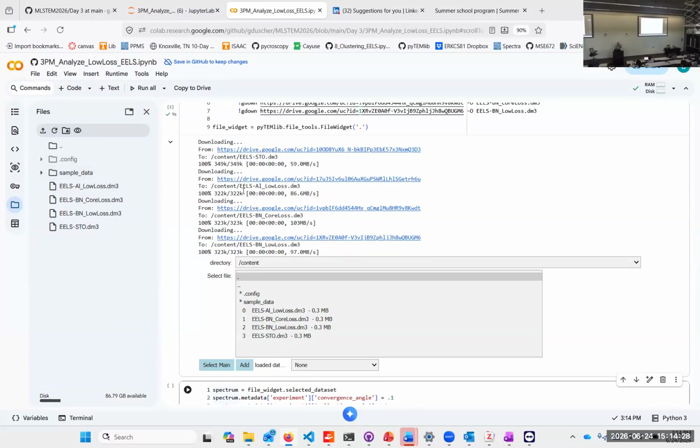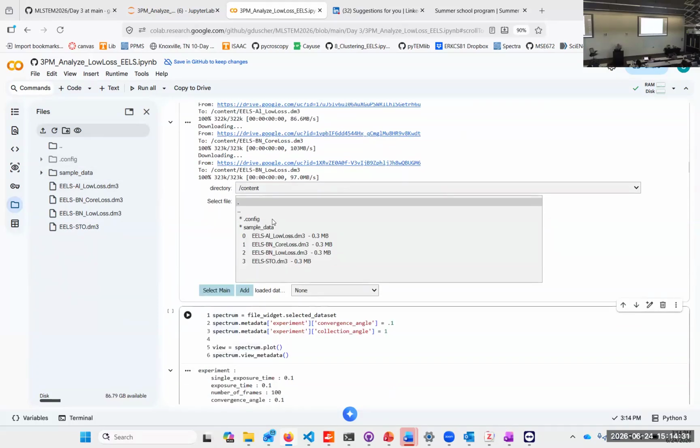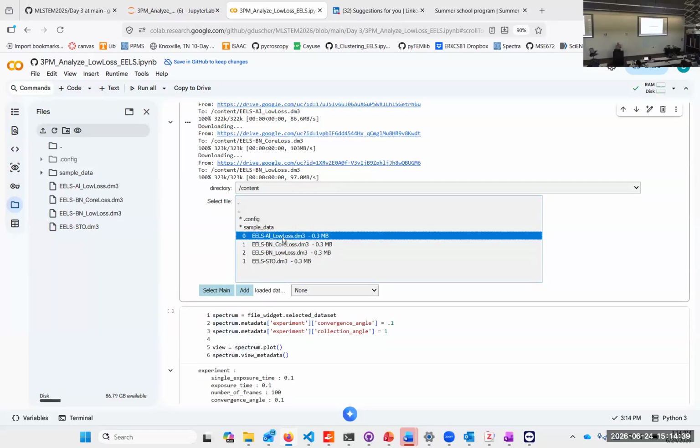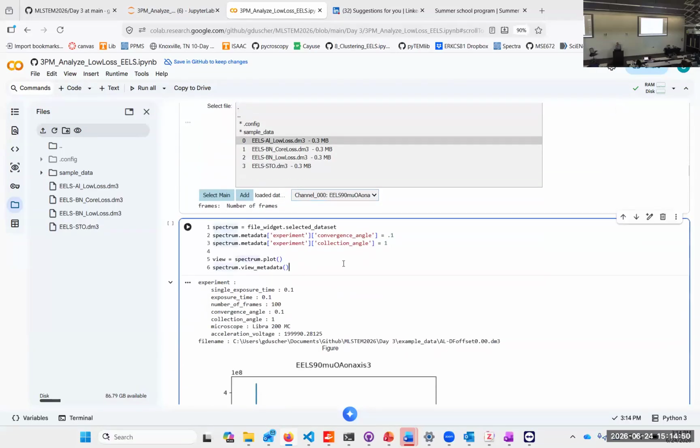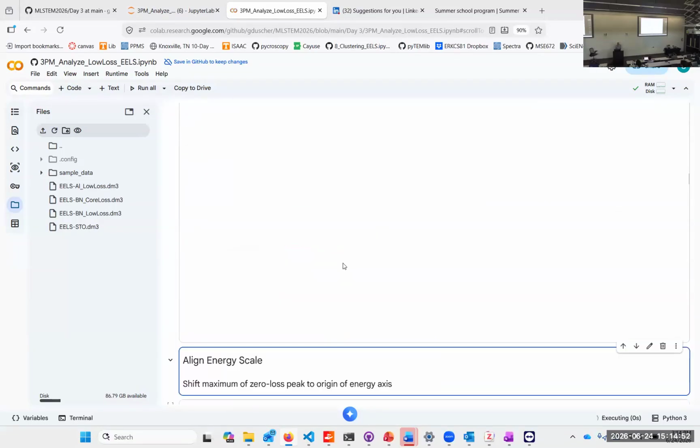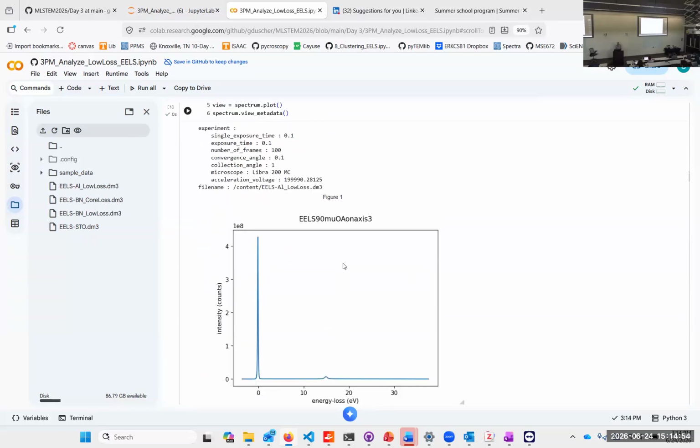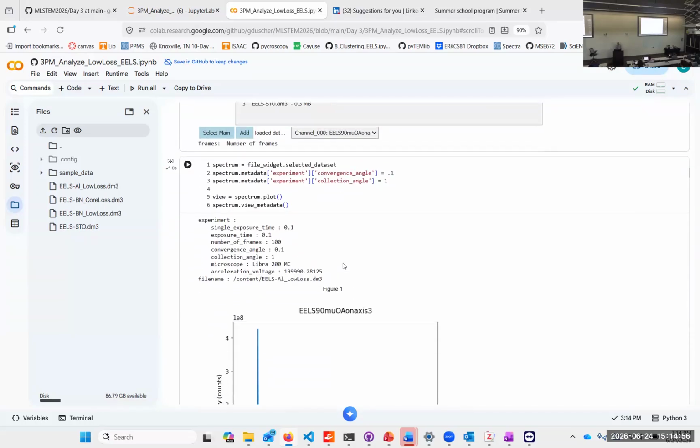And in the file widgets, we have now the option to select them. We select the aluminum low loss. You select main, and then we have here the options of how many spectra there are in. There's only one. And this spectrum we plot. Okay.